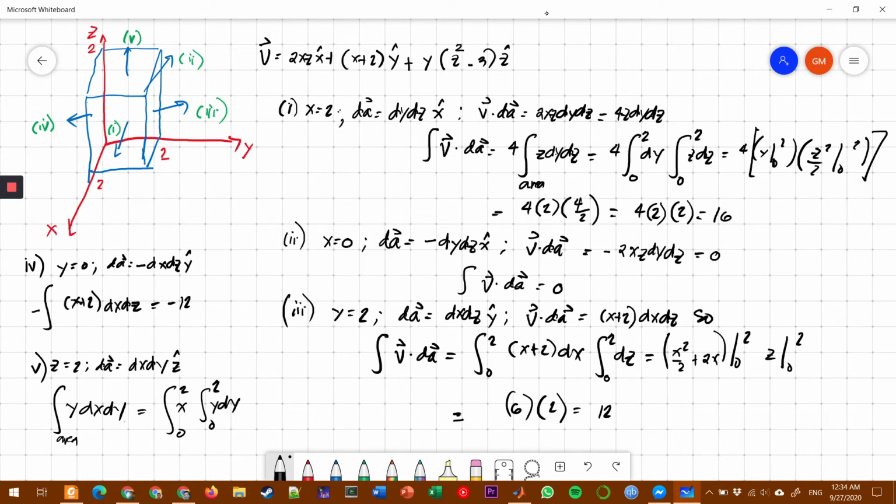So this becomes, right? This is actually dx. So dx, this is x, evaluate it, this becomes 2 times y square over 2.